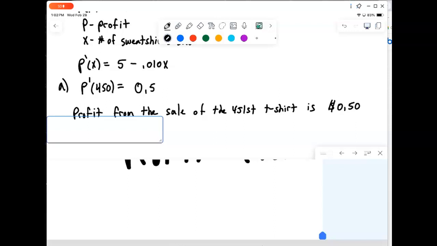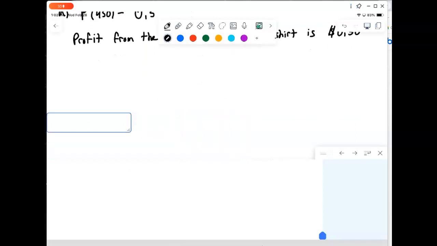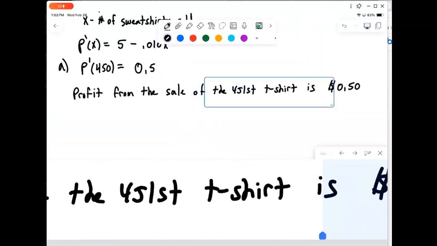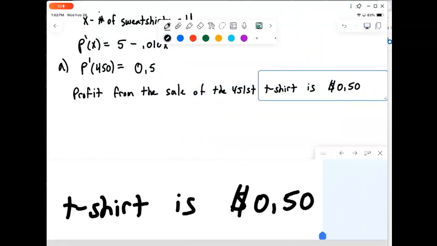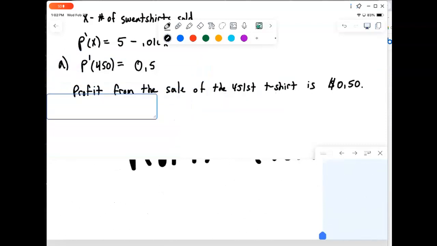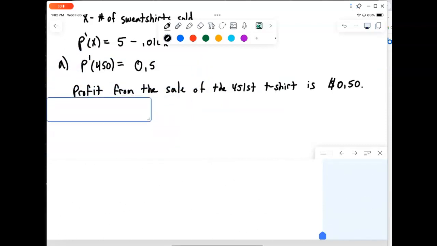Right? We're only making 50 cents profit when we sell the 451st t-shirt. We're only making 50 cents profit, but we are still making a profit, so that's okay. Maybe we decide that that amount of profit isn't good enough, whatever we decide, but it's only 50 cents from that t-shirt.